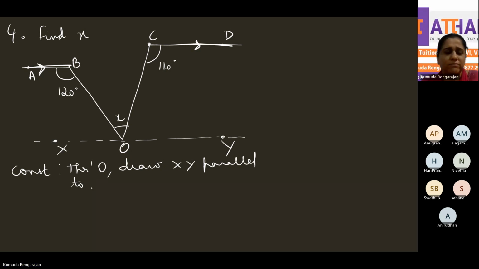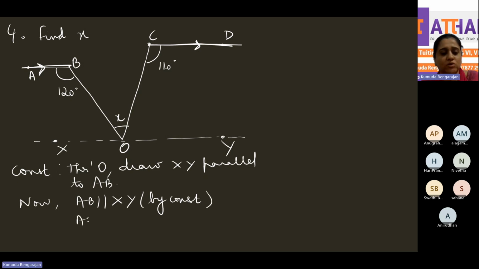Say AB. Now we have AB parallel to XY by construction. But AB is parallel to CD is given in the question. Two lines parallel to the same line are parallel to one another. So XY is parallel to CD.